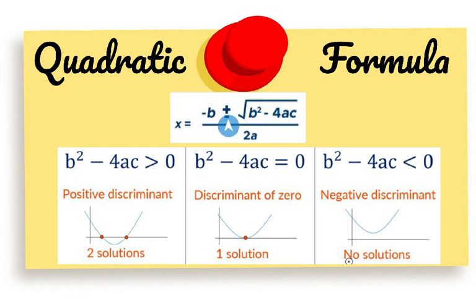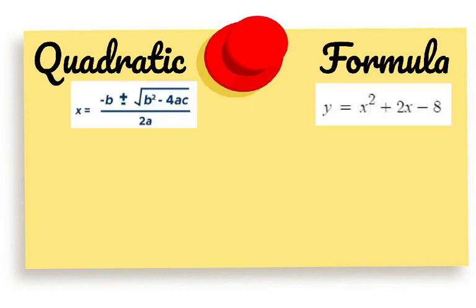So when we add 0 or we subtract 0, we still get the same answer. That's when you would have one solution. And if you end up with a negative number in this square root sign, that's a no real solution. So that's when your graph would look like this, and I would have no solution since it's not crossing my x-axis. Let's go ahead now and practice actually using the quadratic formula.